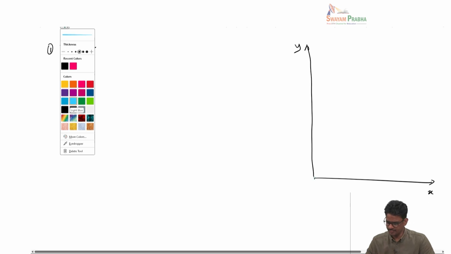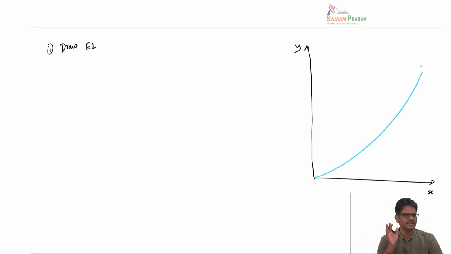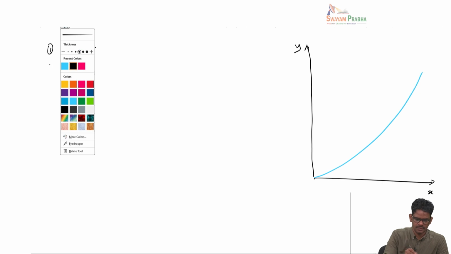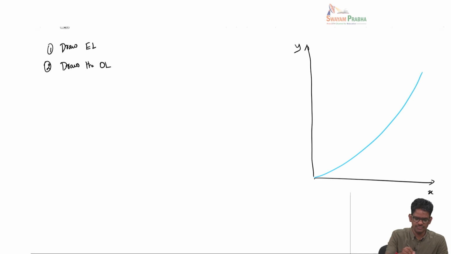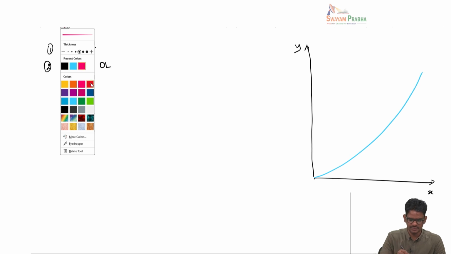This is my equilibrium line, and it is not necessarily a straight line. It can be curved also. Step 2: draw the operating line. An operating line comes from the mole balance, and I will draw something like this.